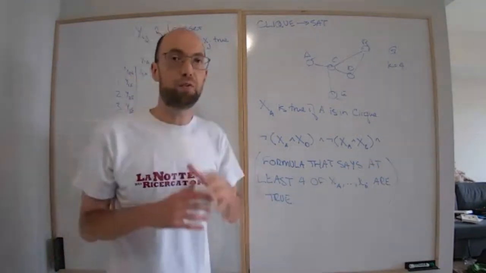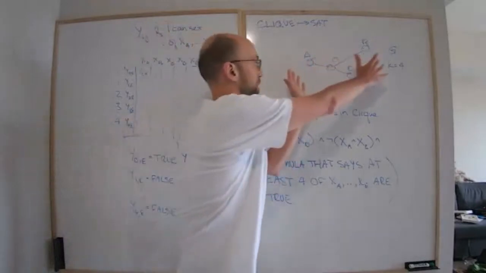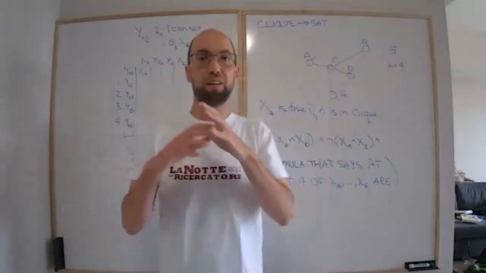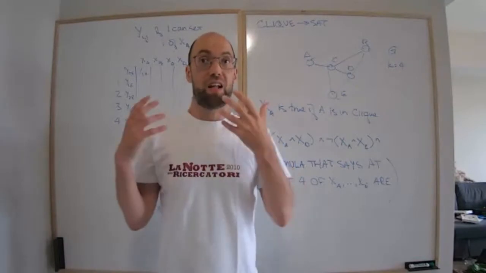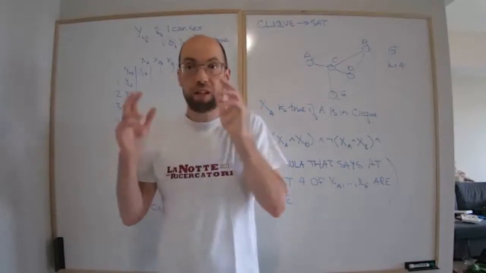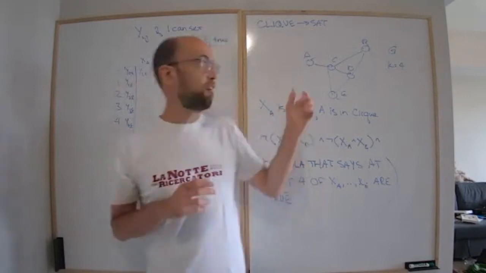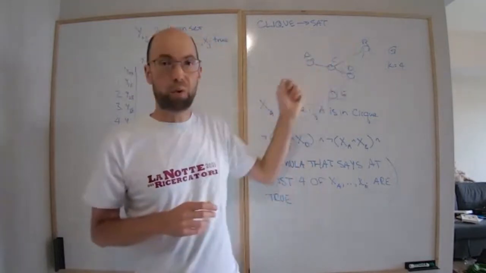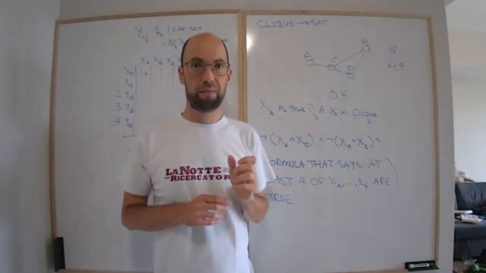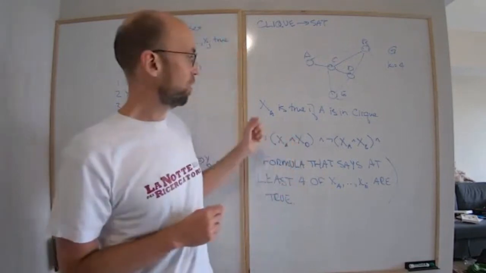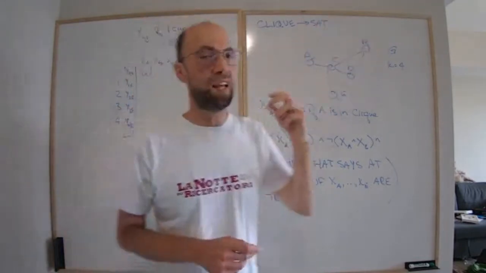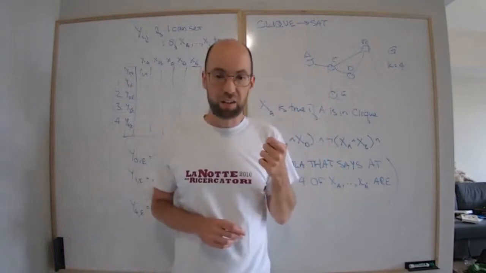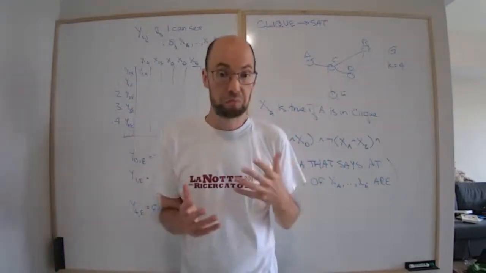What I'm trying to do is write, given this graph and given k, a formula such that the formula sort of says there is a clique of size 4 in this graph. So I'm choosing to write these variables that say xa is yes.